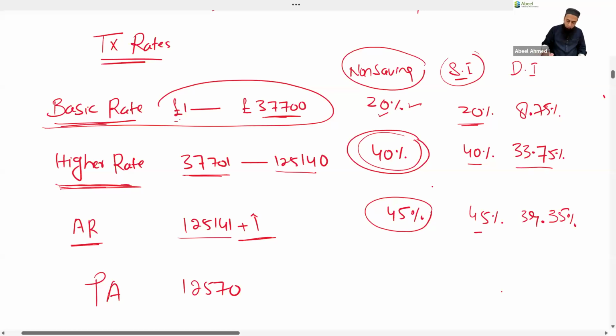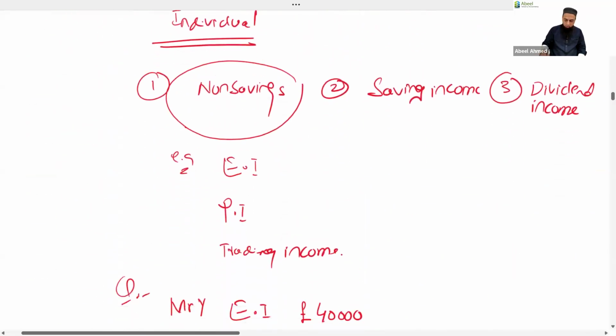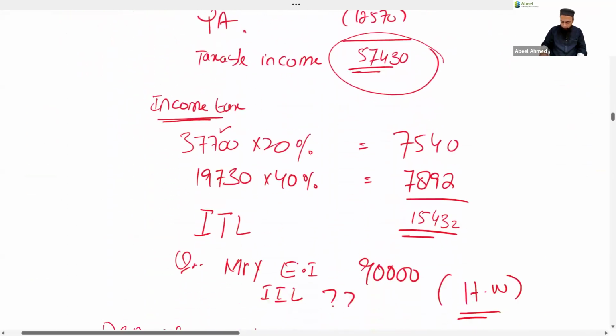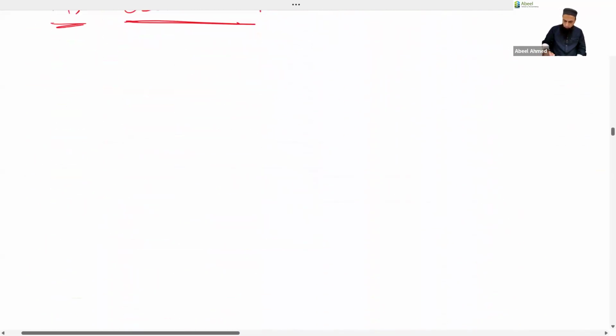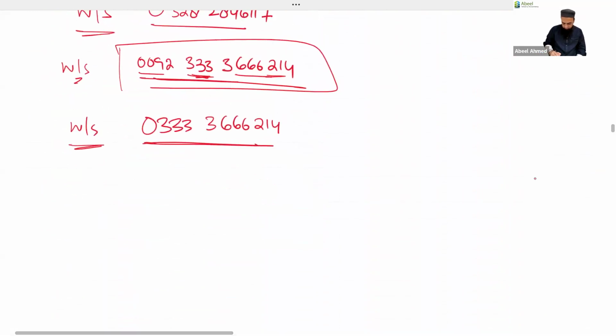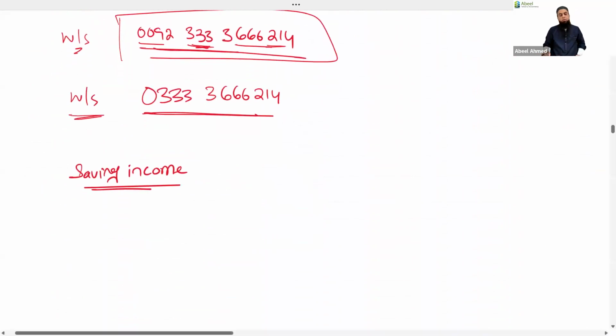But relating to the saving income, there are four additional points which you need to know. What are those four additional points? Number one, if the individual is a basic rate taxpayer, then that individual gets a nil rate band of £1,000 for the saving income.